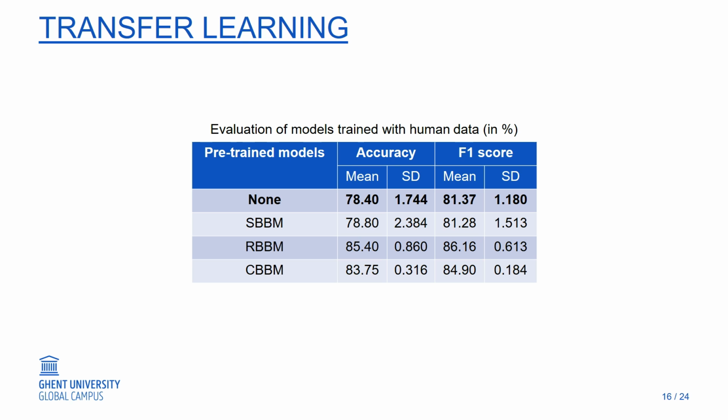Of course, RBBM showed better results, but as CBBM was trained using the synthetic dataset as much as the real dataset, it has more potential, since we could create a better and more generalized synthetic data to train a pre-trained model that could be used for many other use cases, many other species.